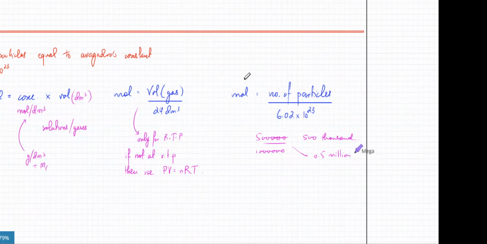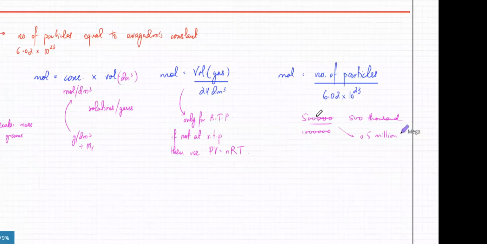If you want to convert any number to moles, you divide it by what a mole stands for. If I want to convert it into million, I divide by 1 million. If I want to convert it into moles, I divide it by 6.02 times 10 power 23. If I want to convert a number into dozens, I divide by 12. So this is the logic behind this formula.